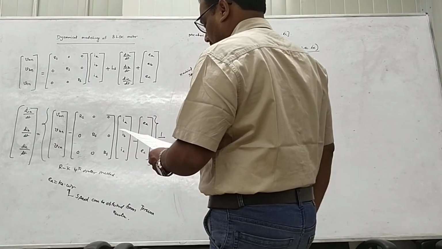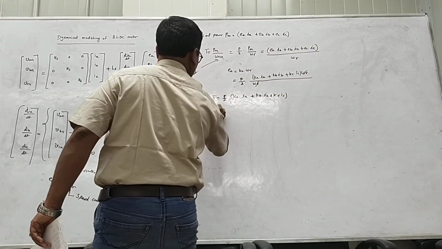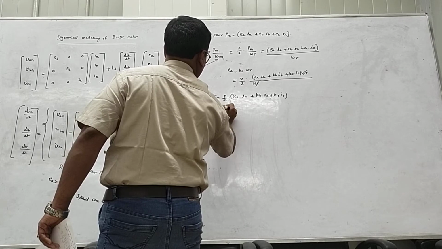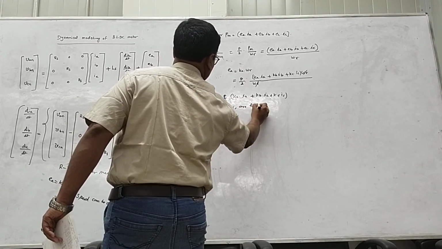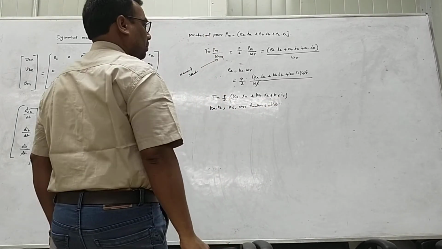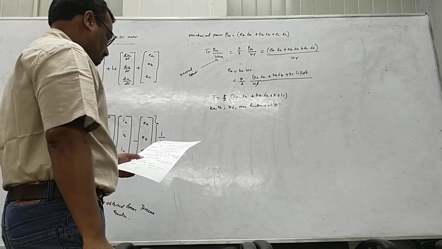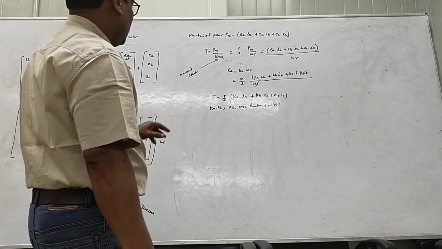Here Ka, Kb and Kc are functions of the position of the rotor theta. This expression is the torque expression.